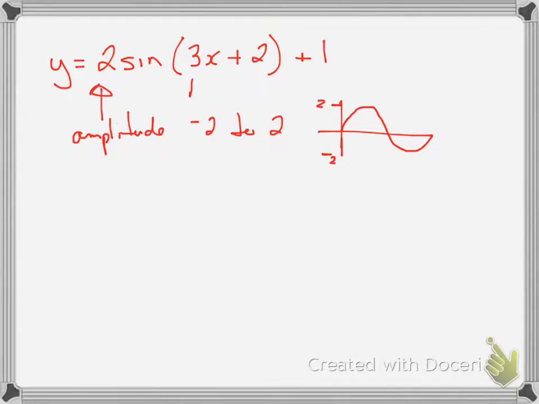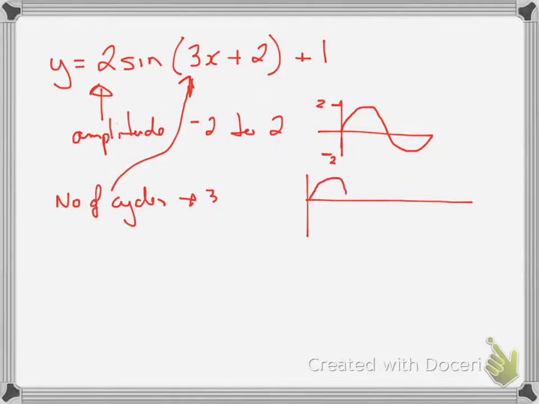This part here will be the number of cycles, 3 of them. That'll be 2 pi, or 6.28, so there are my 3 cycles. Still go from 2 down to -2.